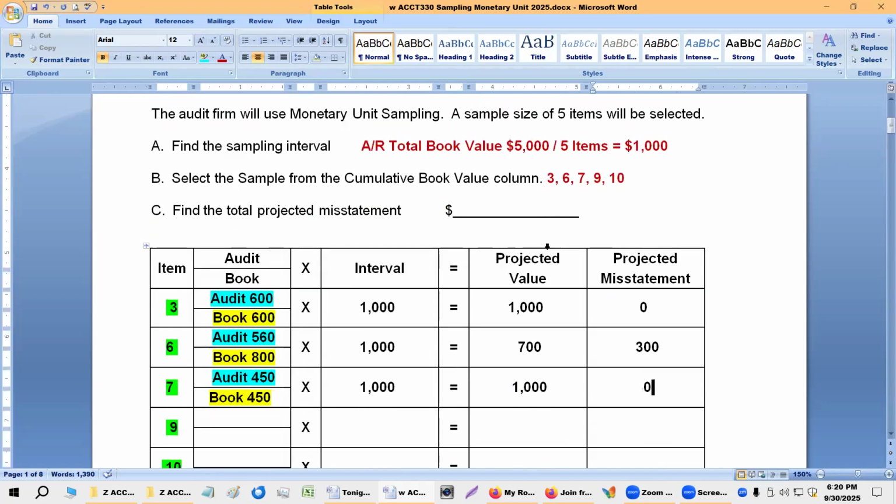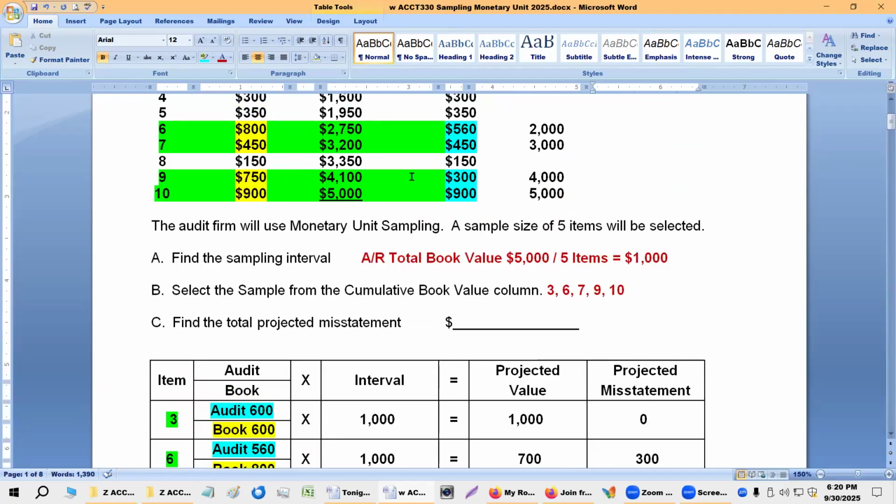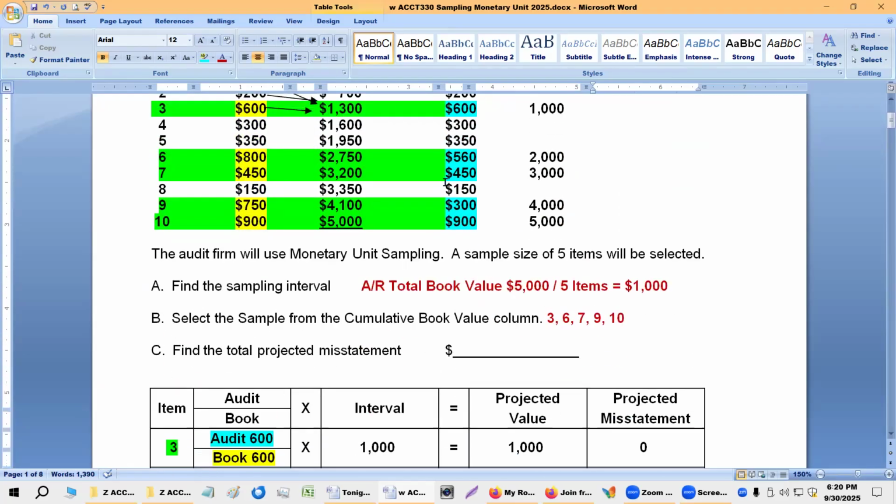Okay, let's go to number 9. The audit value is 300 and the book value is 750.